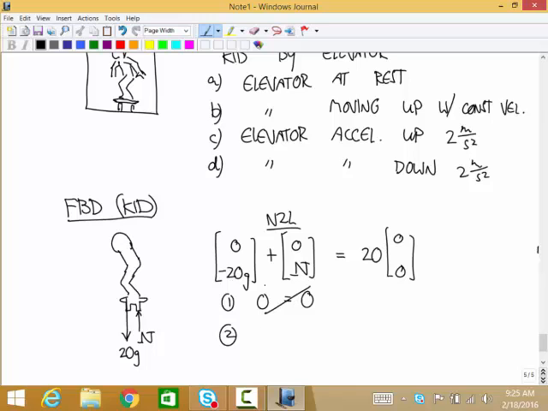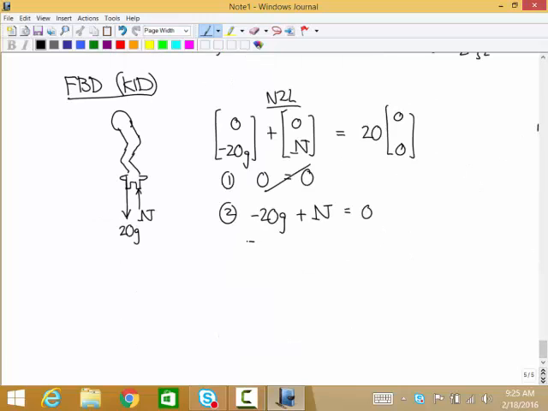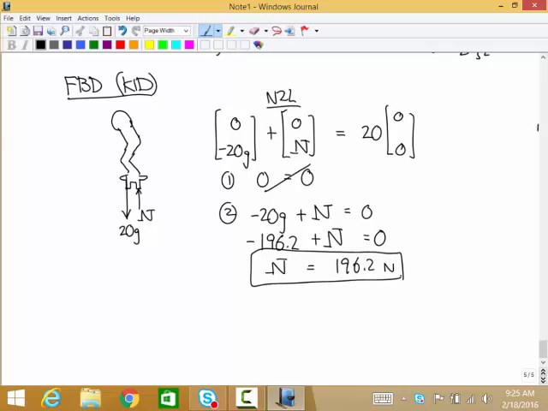Negative 20g plus N is equal to 0, or 20g is negative 196.2, plus N is equal to 0. And so N is equal to positive 196.2 newtons. Okay, so this is for A.